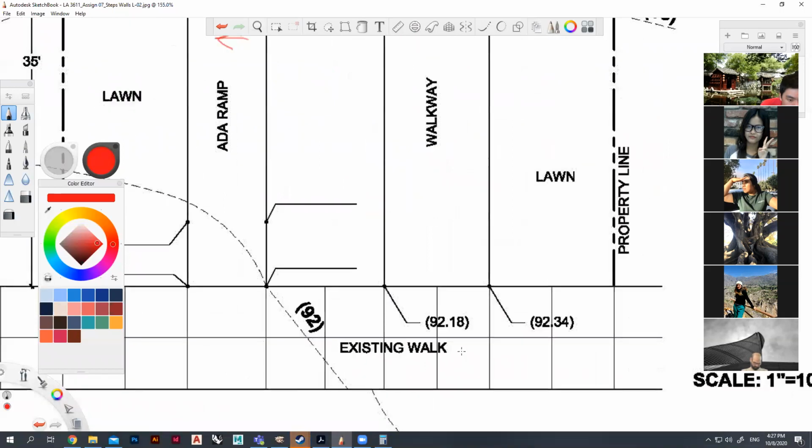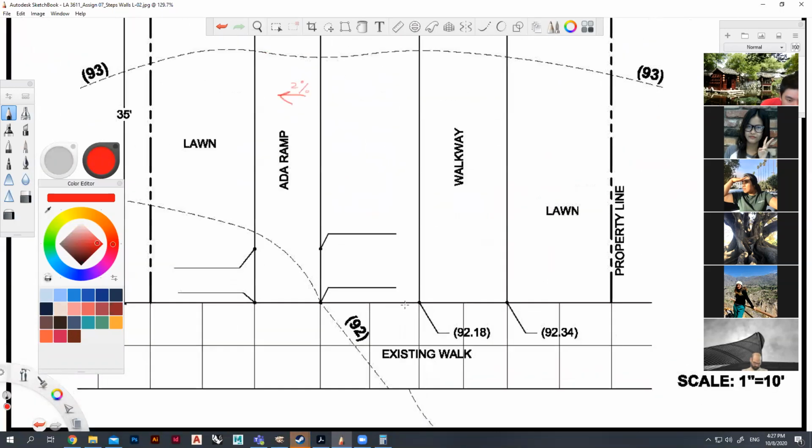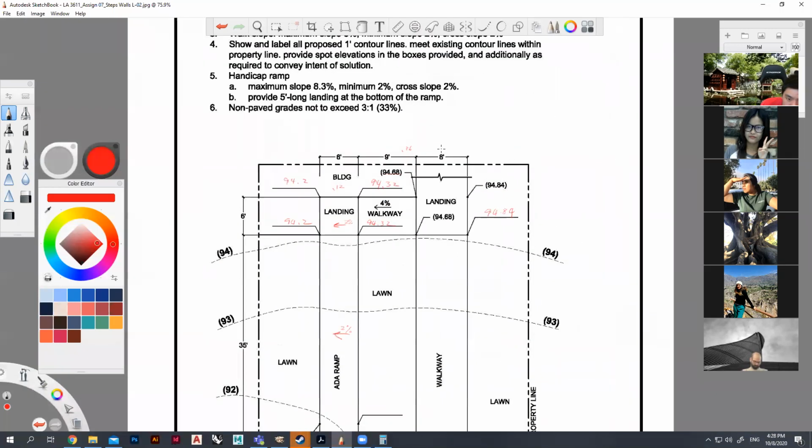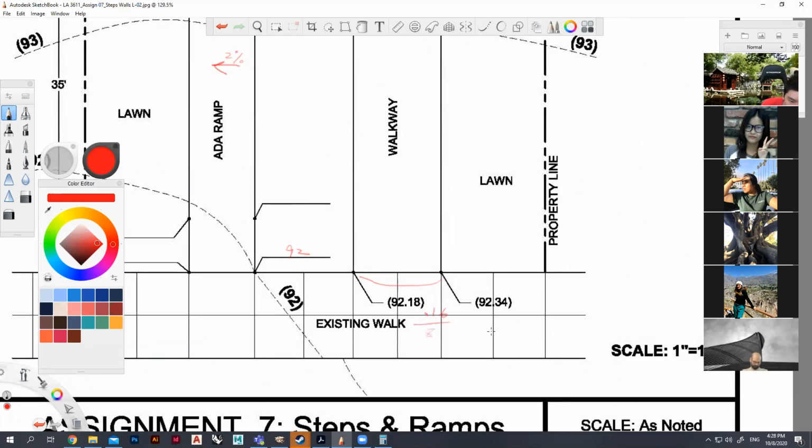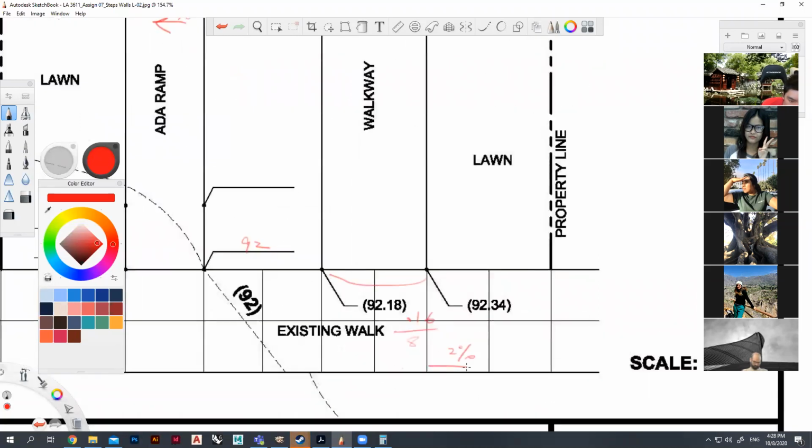We need to find the bottom numbers before we do anything in the middle. We know this contour is crossing right on top of that point, so we can assume that point is 92, but you can always do the calculation. Take that DE, which is 0.16, and solve for the slope. We have a length of 8 feet, so divide by 8, you get 2%. So this existing walk slope is 2%.